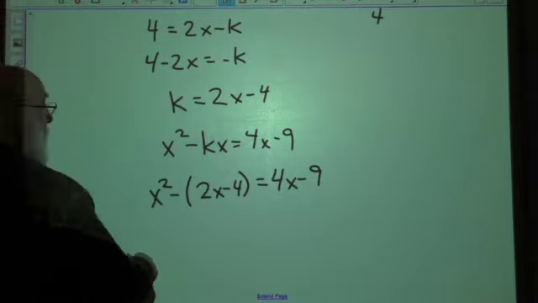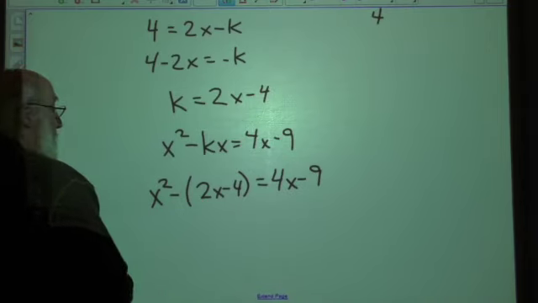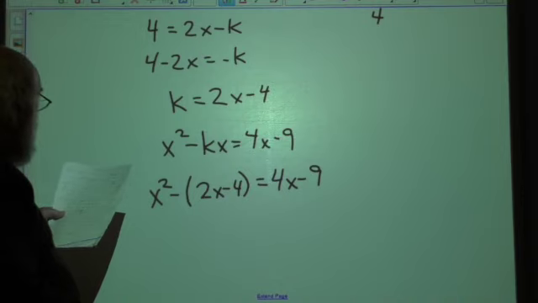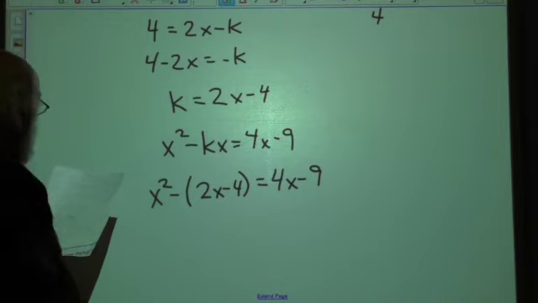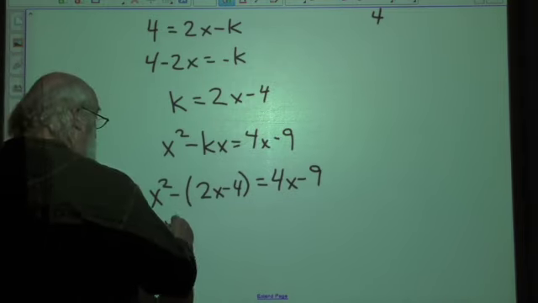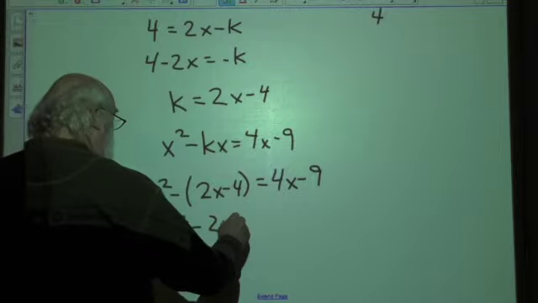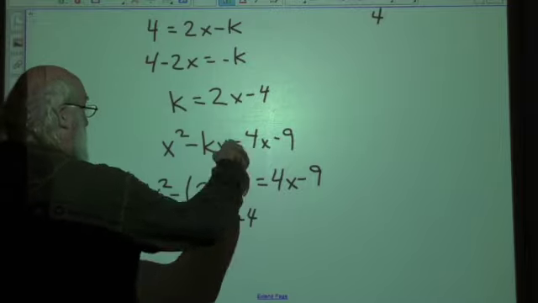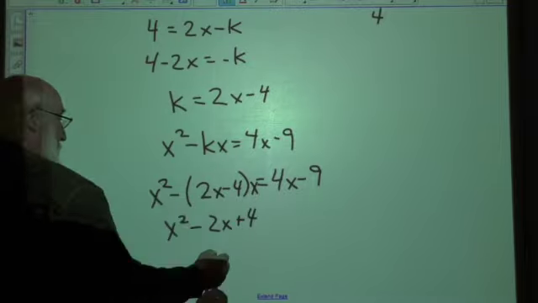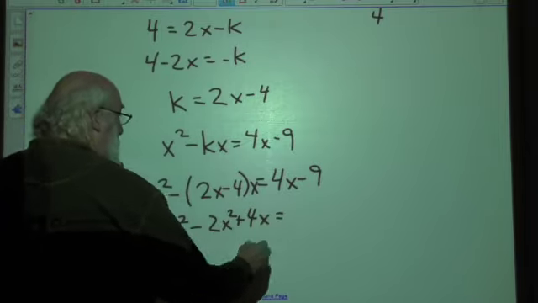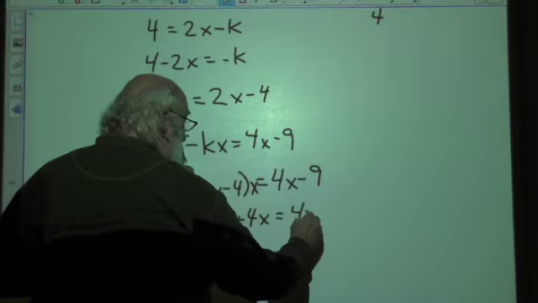Oh, and yeah, so what I get here is x squared minus 2x plus 4. Oh, this is an x right here. I knew something was missing. So this is 2x squared here, and this is 4x equals 4x minus 9.